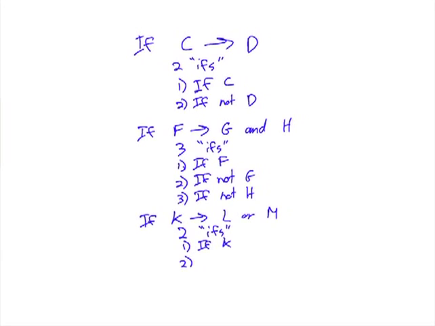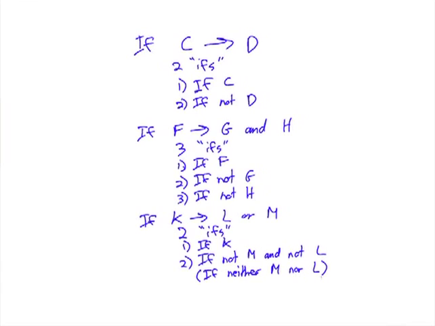Then the second if is a little bit tricky. We switch the or to an and. So I know if not M and not L. Grammatically speaking, it would actually be if neither M nor L.